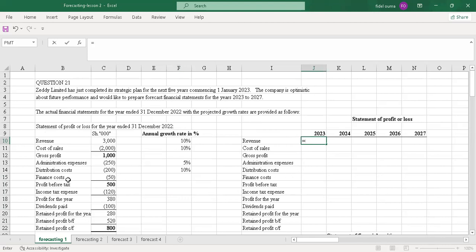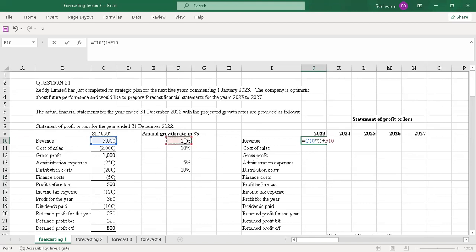So this is what we'll do. So for forecasting, I'll take the revenue for 2023, the values for 2023. Then I multiply by 1 plus the growth rate.